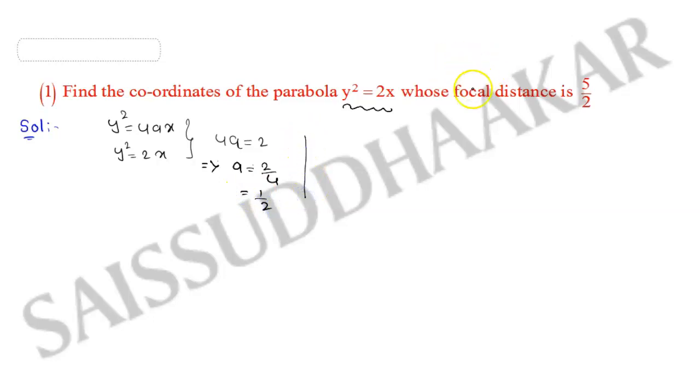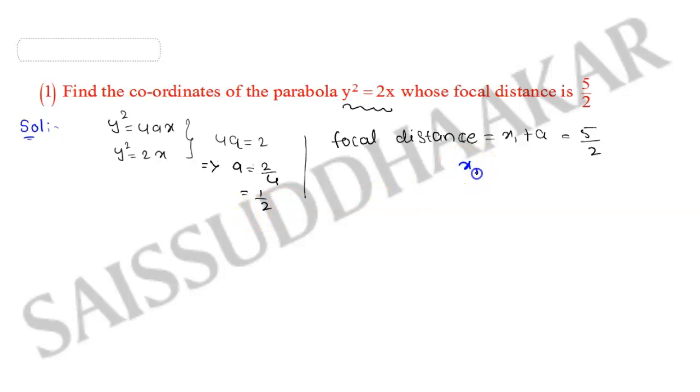Next, the focal distance formula. Focal distance formula is x1 plus a, that is given as 5 by 2. The a value we got is 1 by 2.